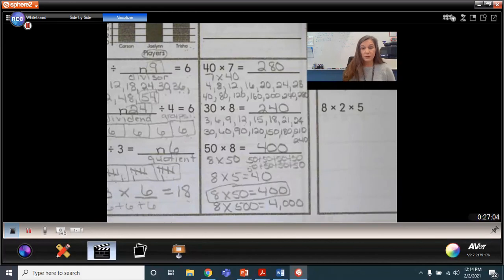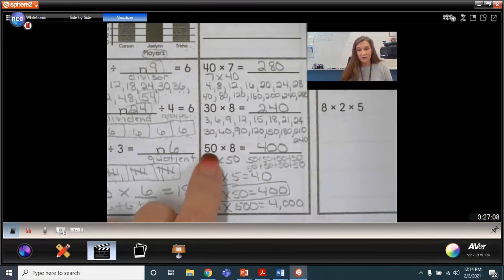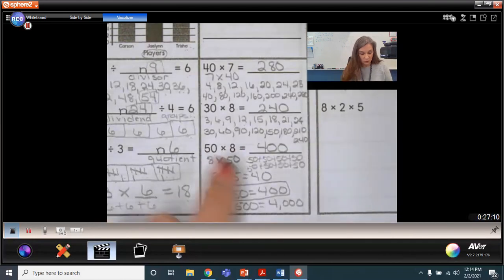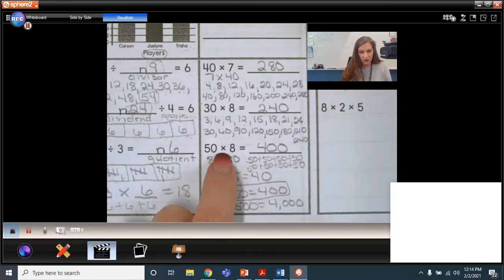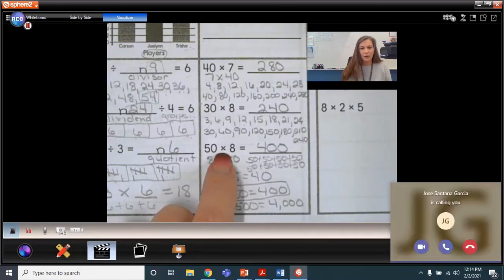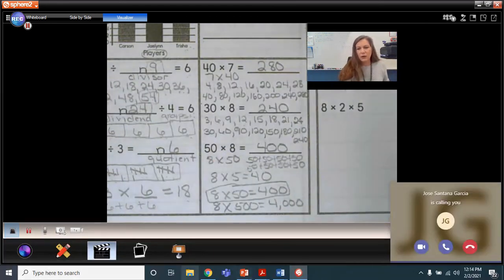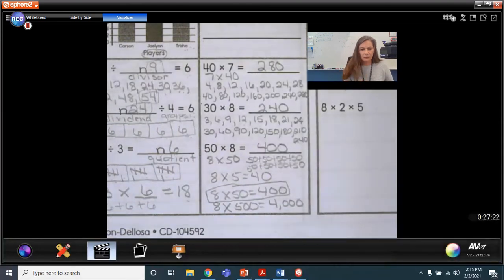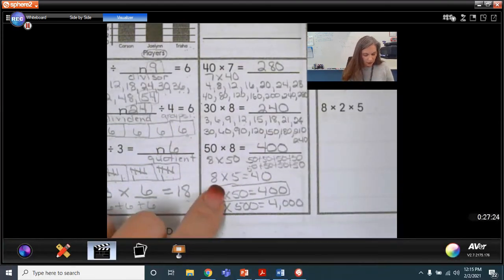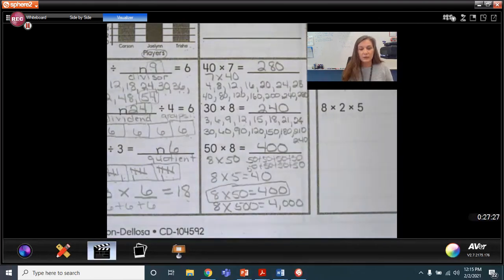So it's still going to be repeated addition despite having 50s there, okay? So don't think that this is a division equation. It's not division. We're not sharing this equally. We are making sure that we are taking the time to look at patterns.